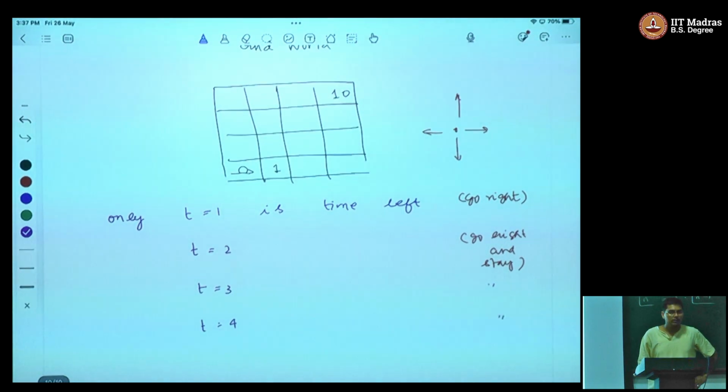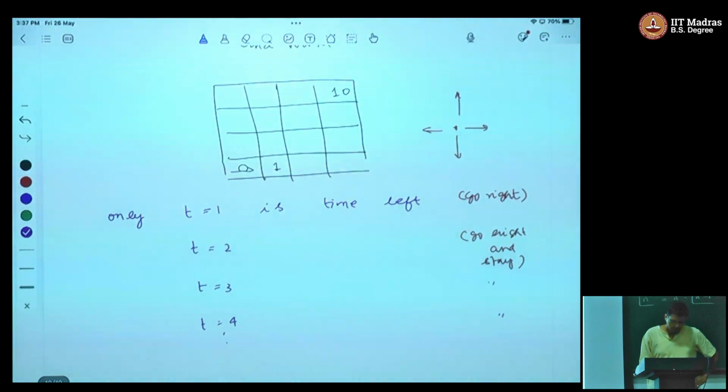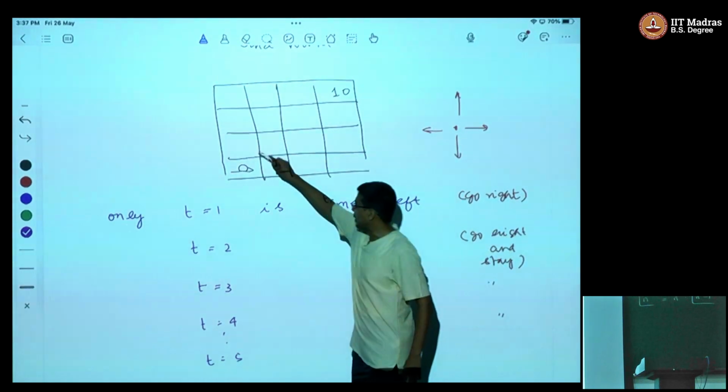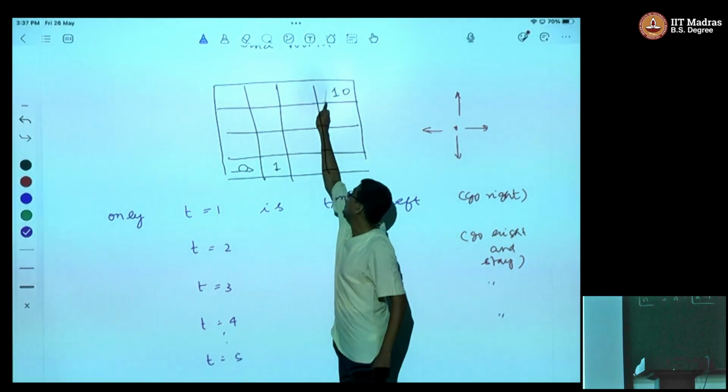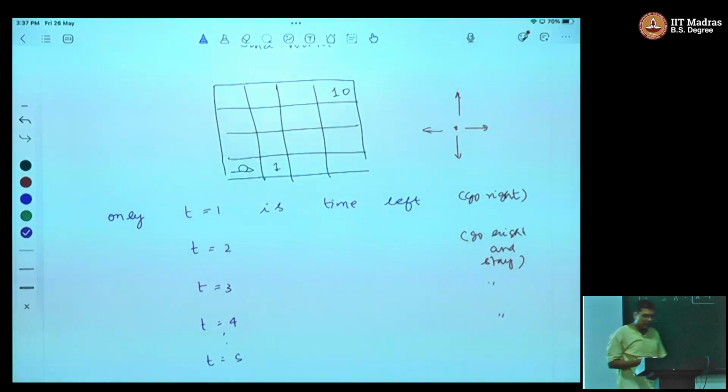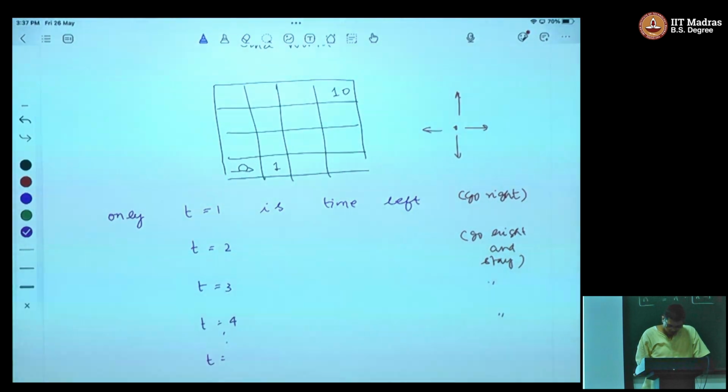Here it's also going to be the same decision until t equals 5. T equals 5, what can it do? It will still require more than 5. 1, 2, 3, 4, 5, 6. Until t equals 6, it has to just go right and then stay there.